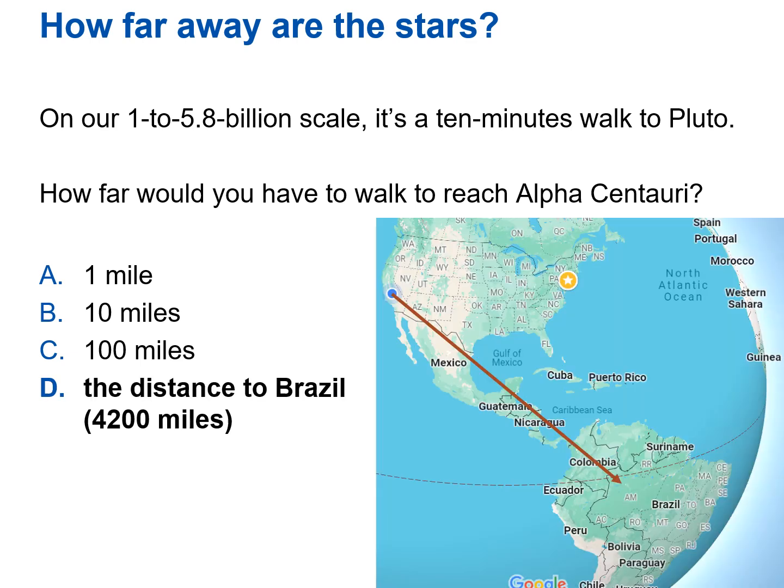And it would be the distance to Brazil, about 4,200 miles. So again, if we are representing our sun with a basketball, the Earth is 26 meters away from that, and we would have to go about 4,200 miles away just in our scale representation to get to the next closest star. And so the stars are much, much farther away than the planets are.